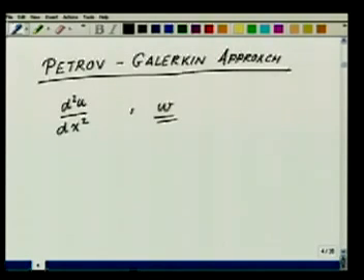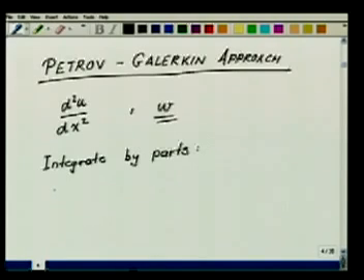Now what we can do is go ahead and integrate by parts the weighted residual form that we have obtained. We will integrate by parts once, and we will see why.